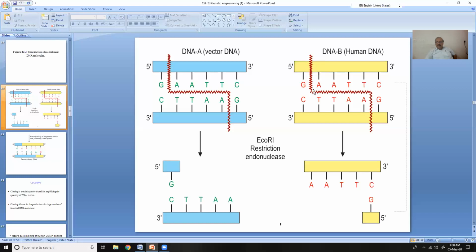Here also we are applying the same thing, so we are again getting AATTC, and separate is this G. So these are sticky ends.